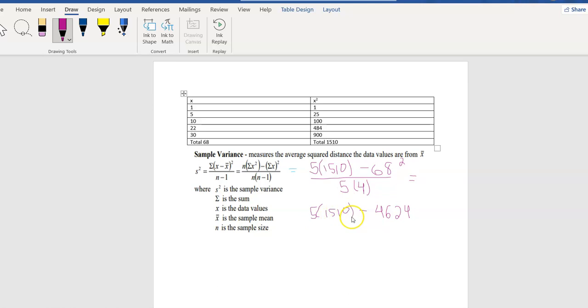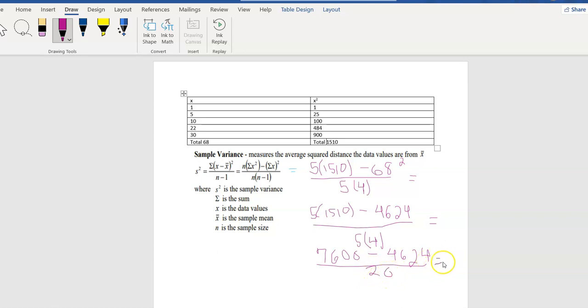And then I'll do my multiplication both on the top and the bottom. So 5 times 1510 gives me 7,600. Minus our 4624. Then on the bottom, we've got 20.